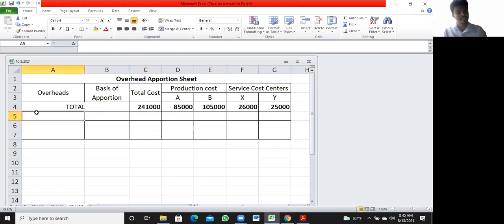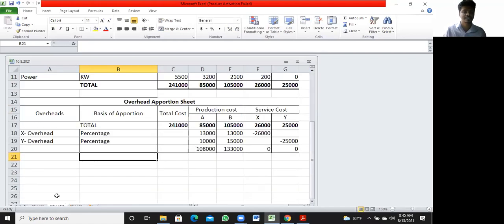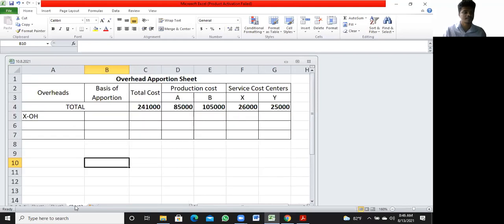Now as we did in the previous sum, the overhead belonging to X, then our base is the given percentage.